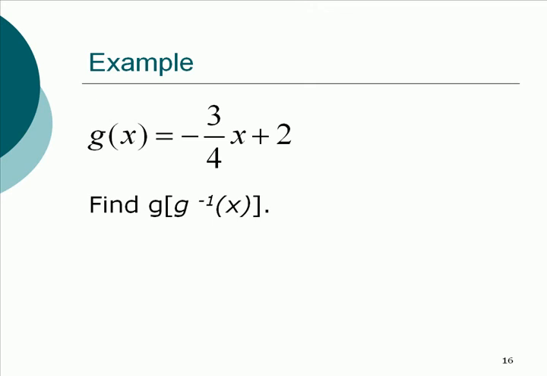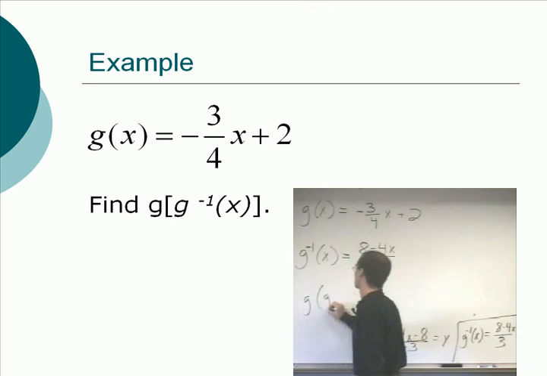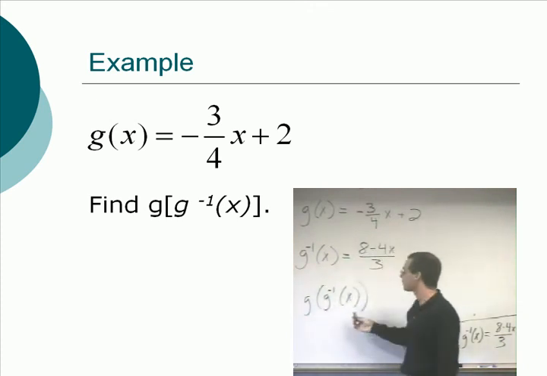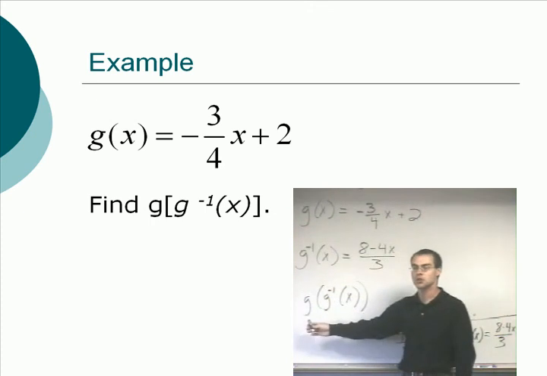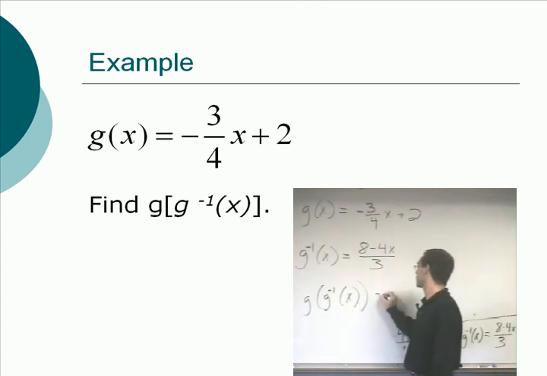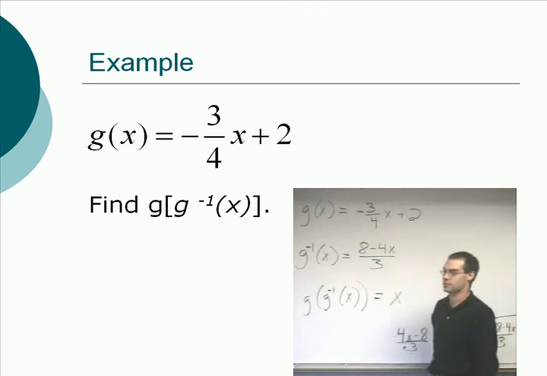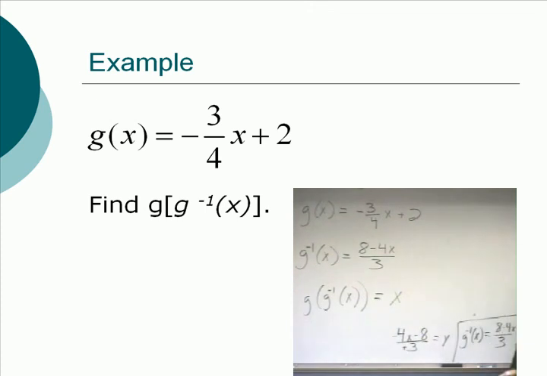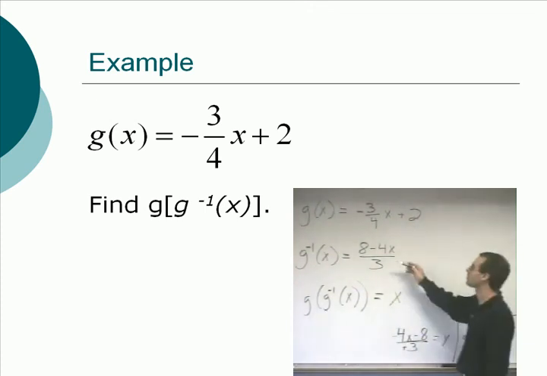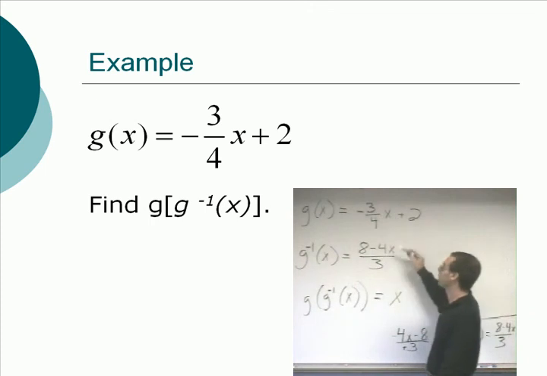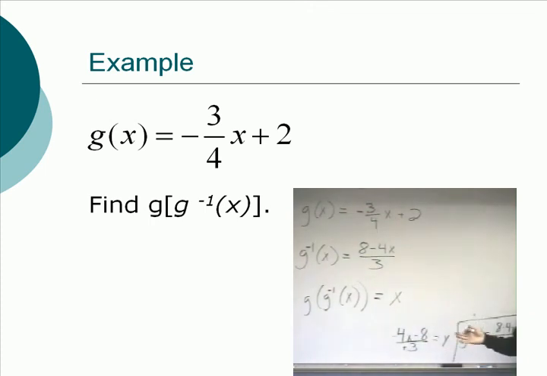It's x. g of g inverse of x means if you take x and plug it into the inverse and then back into g, you end up with x. No work to do. We could prove it. We could plug this into there, do all the algebra, but it'll work every time. We saw it once. It's always true. Always.